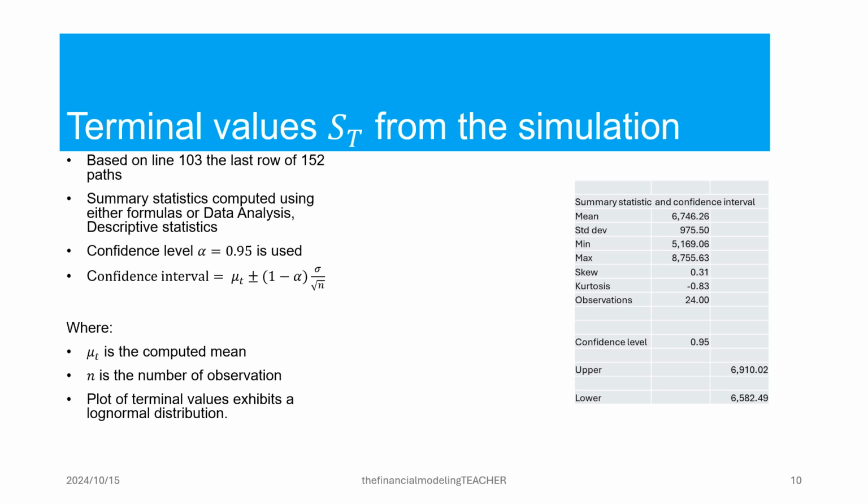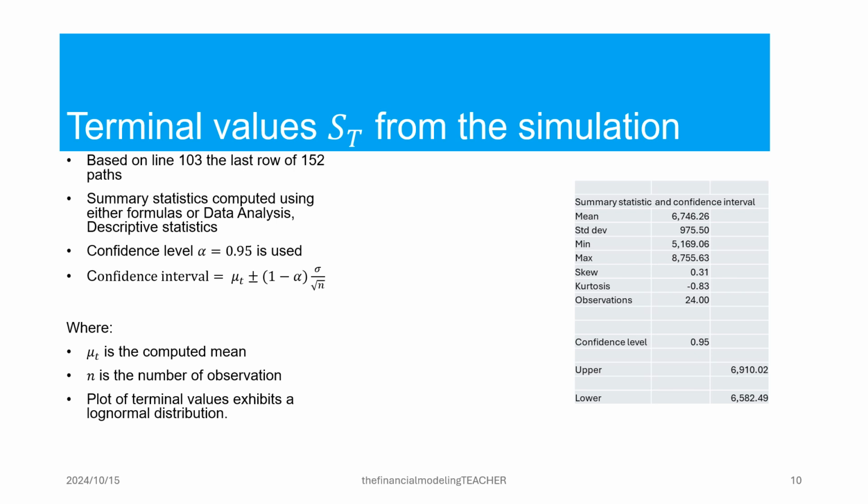We assume that at the 95% level, the upper value could be about 6910, while the lower is about 6582. We've seen also with our simulation plot that the average is definitely around 6,000.